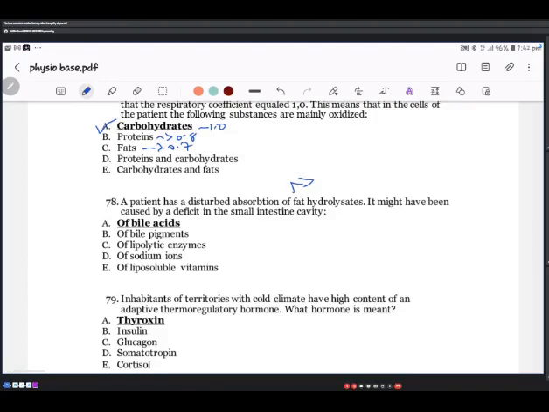These hydrolysates actually help in the breakdown of fats to become fatty acids.